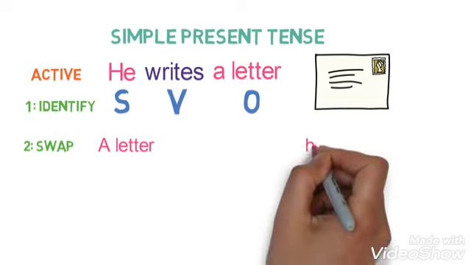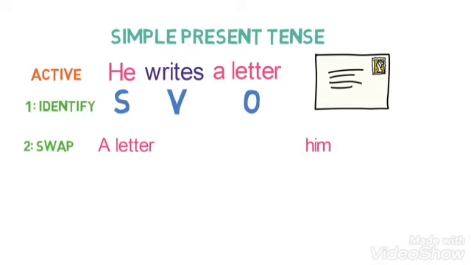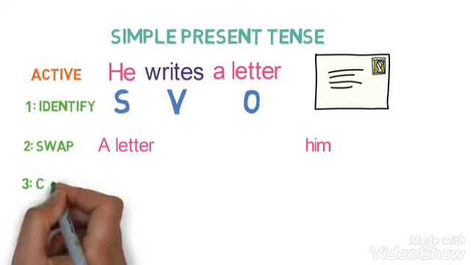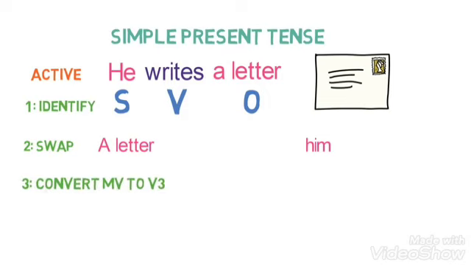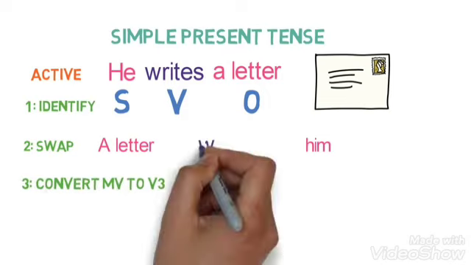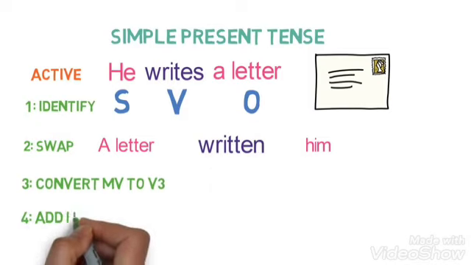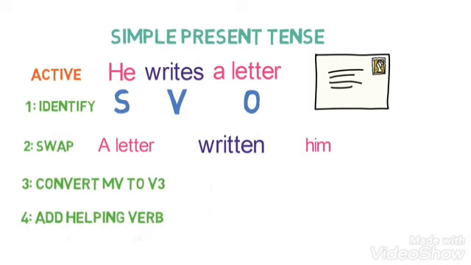When you convert it into passive, it is "A letter is written by him." You won't make any mistake if you use these 5 important steps.